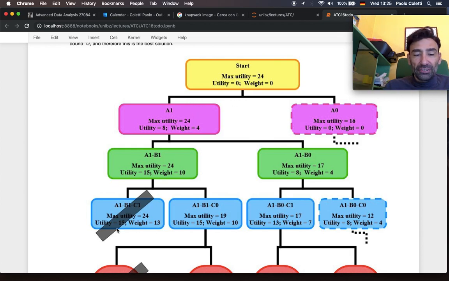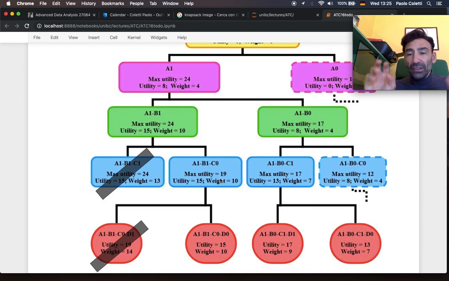But we must keep track of all the branches which are currently open, or all the leaves. So everything which is terminal, for example, in the final situation, we have to take care of this one, this one, this one, this one, and this one. So 5 things.